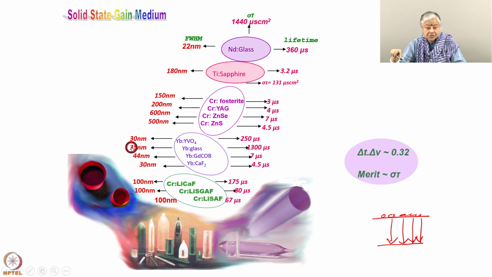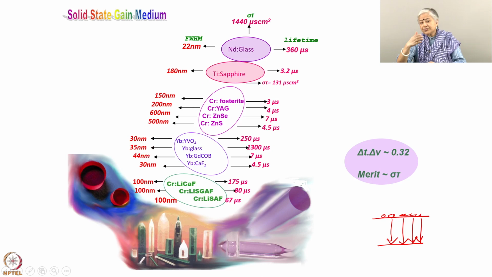That also can be used as a medium. It has 1300 microseconds. Okay. It is better than ND glass, and its bandwidth is also better than ND glass.